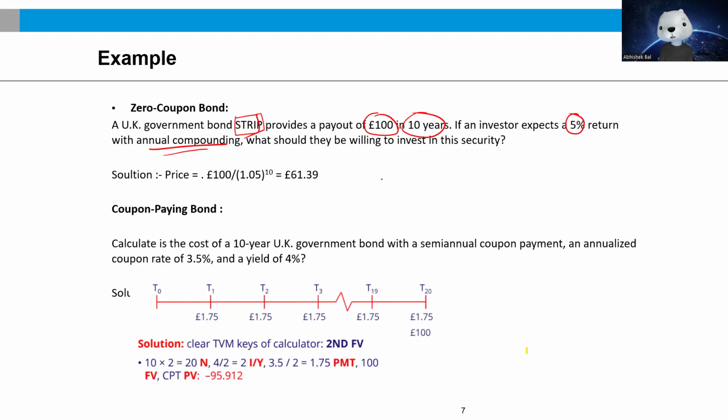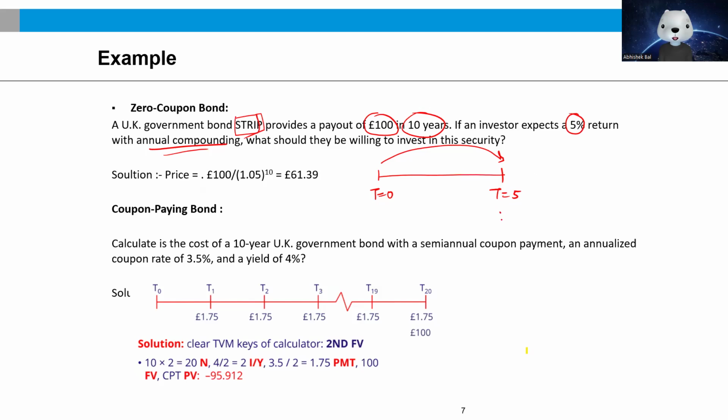In other words, what this says is that this is a zero coupon bond, and the bond is going to mature 5 years down the line. Let's assume it has been issued today. It's a zero coupon bond. So somebody should be investing in this security with the expectation and hope that at the end of the term, at maturity, the investor is going to receive a lump sum amount.